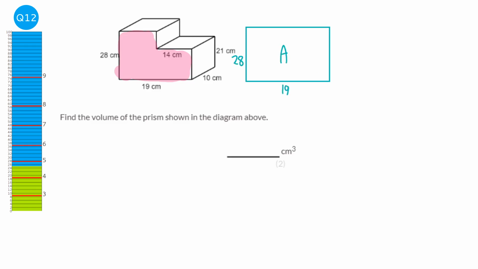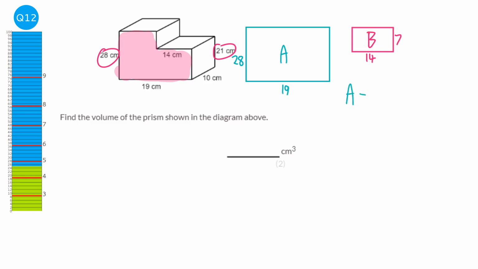I'm going to call this A. And then we can take away the little part that is not there, so the missing part, which is going to be 14 across. We've got to do a bit of maths here to work out how high it is. So we've got 28 in total, 21 we don't want, so that would be 7 high. We're going to call this B.